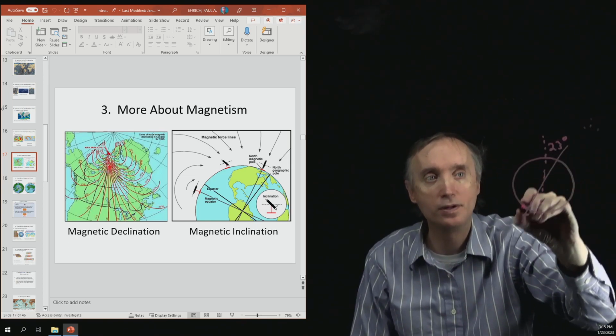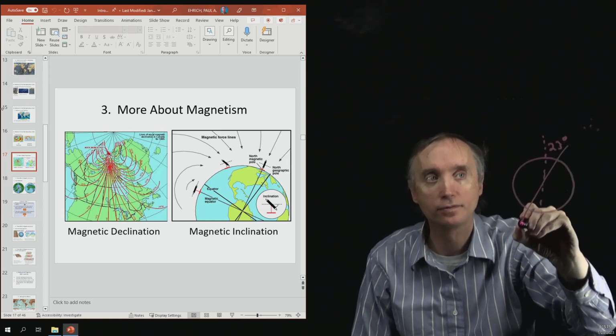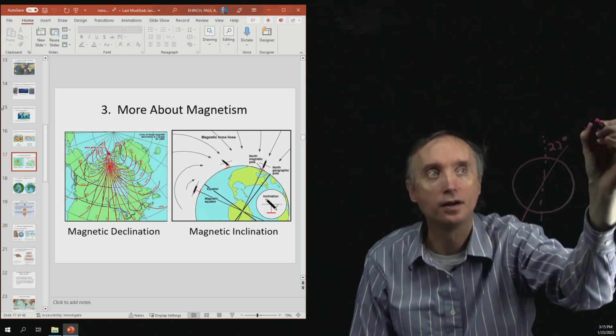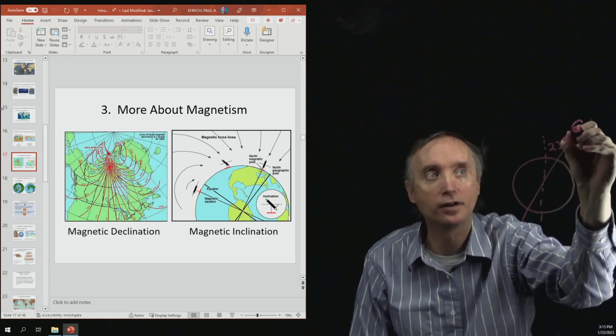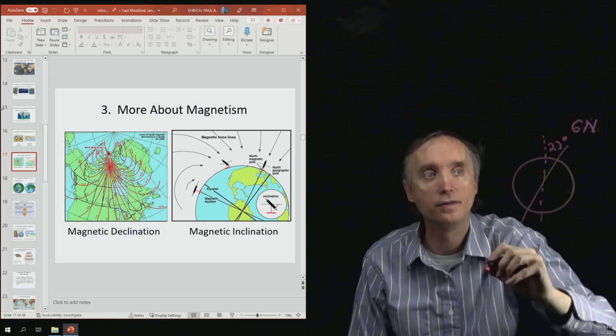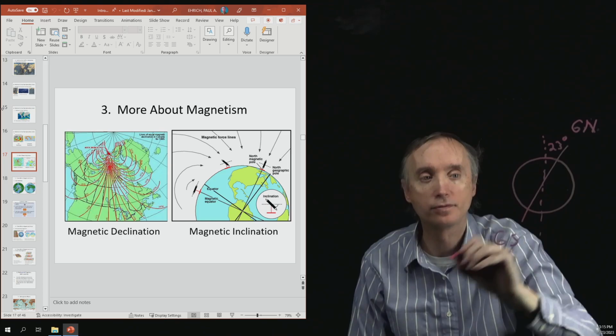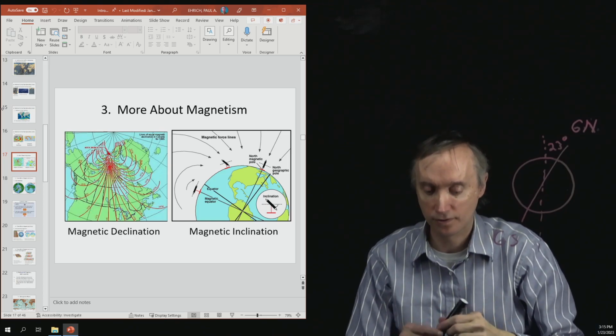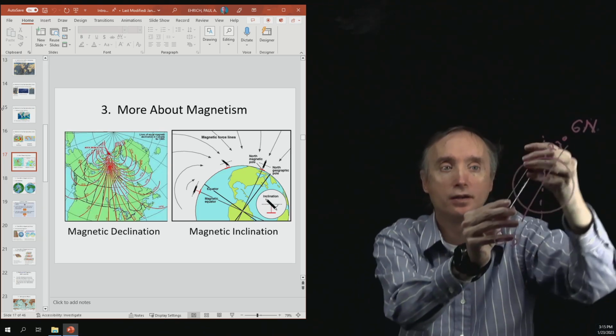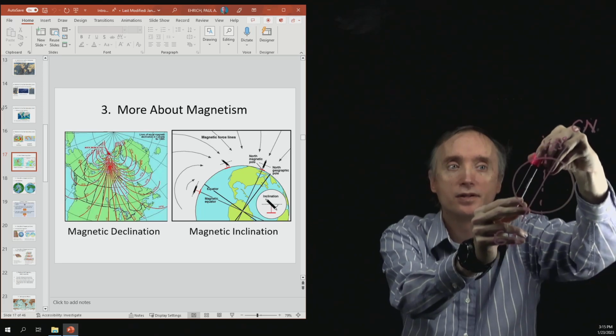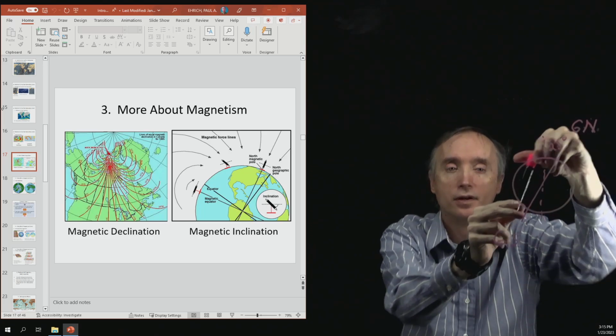This is the spin axis of the Earth, so this would be the geographic north, and down here would be the geographic south. The Earth is spinning like this, tilted at 23 degrees.